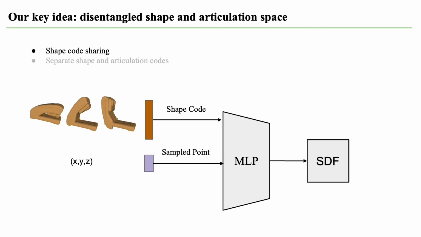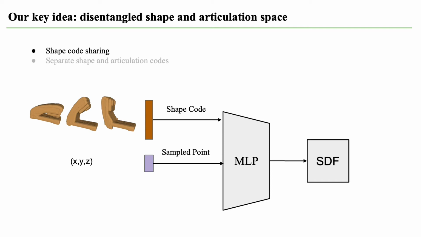We built our work on deep sign distance functions, where a sign distance is predicted for a randomly sampled point. To model articulated objects, our first insight is that shapes articulated from the same instance should share the same shape code, as illustrated with the brown staplers here.